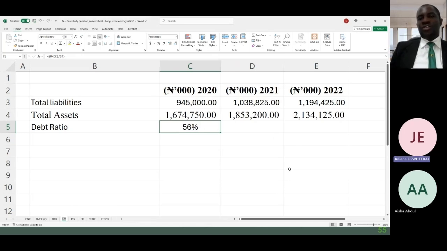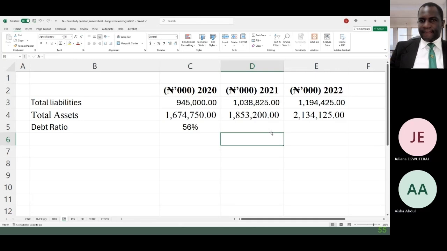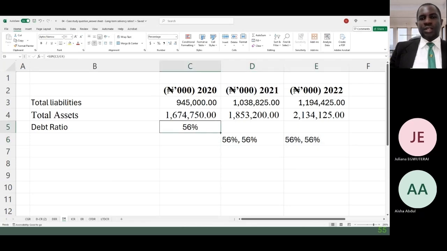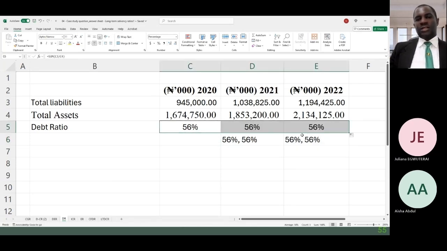Exactly. So can you do 2021 before I drag? Let's see the percentage of 56.05 and 56. Okay, 56. Both 56. Yeah. Aisha, you agree too? Yes, the same thing. Okay. Exactly. So we're both aligned.